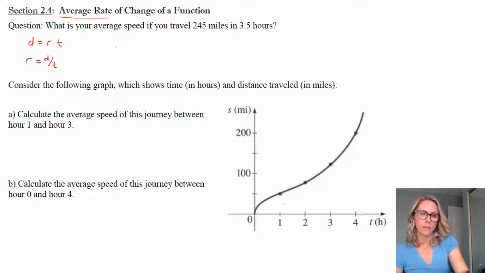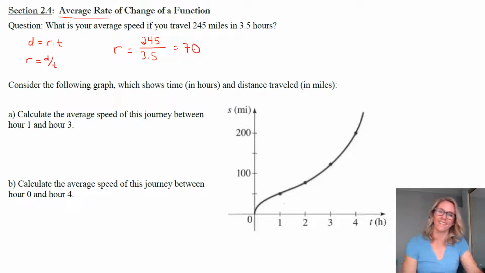So in this case, if we wanted to find the average rate, we would simply take our number of miles, 245, and divide that by how long it took us to do that. That's going to give us, using that calculator that you should have, so if you don't have a calculator, get out a calculator.